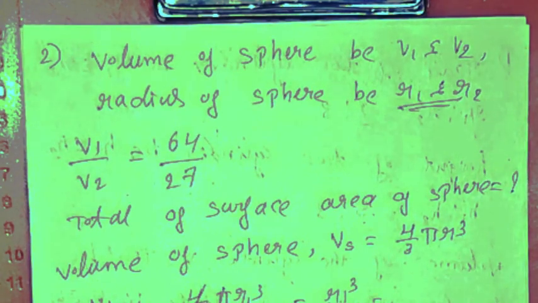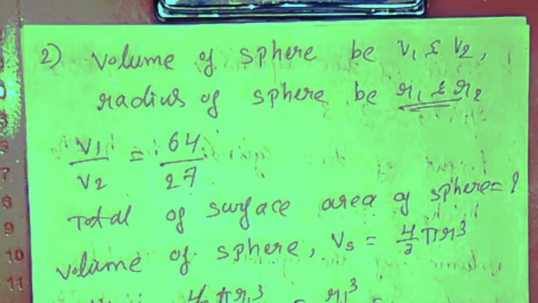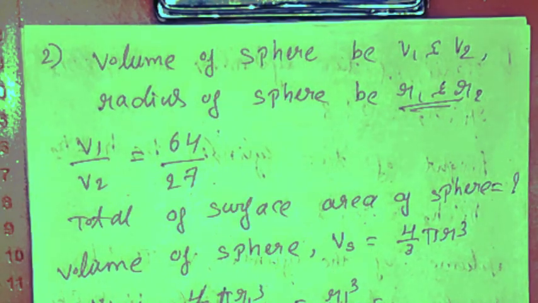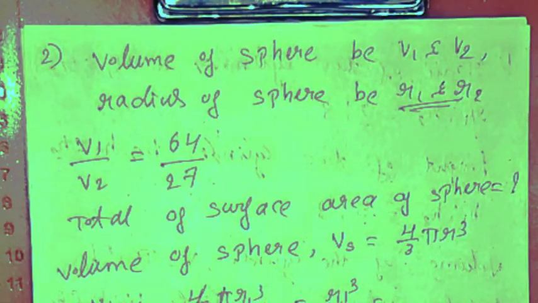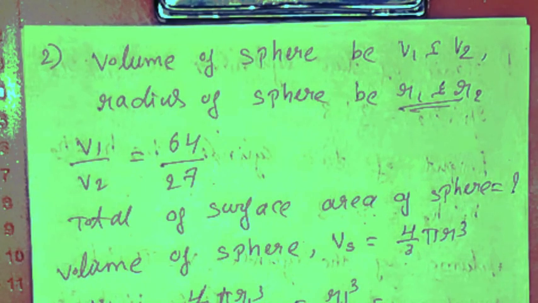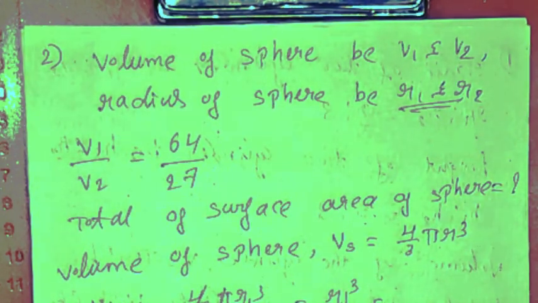Remaining is A1 by A2 equal to R1 square by R2 square. R1 is 4, squared, and R2 is 3, squared. 4 times 4 is 16, 3 times 3 is 9. So the ratio of the surface areas of the spheres is A1 is to A2 equal to 16 is to 9. This is the final answer.